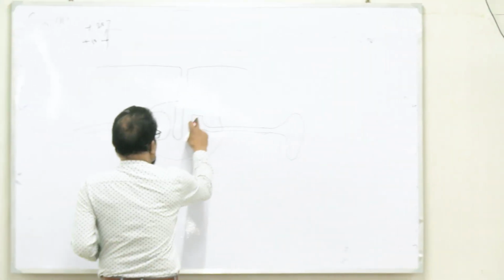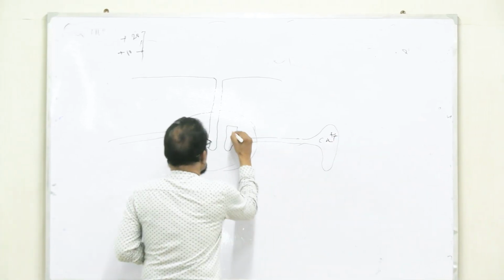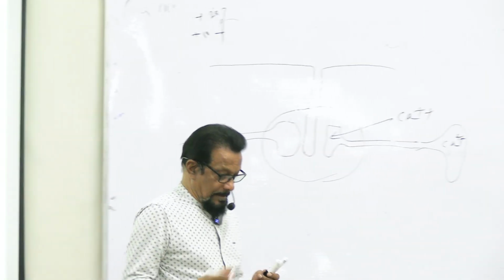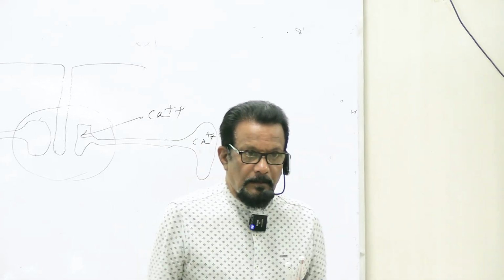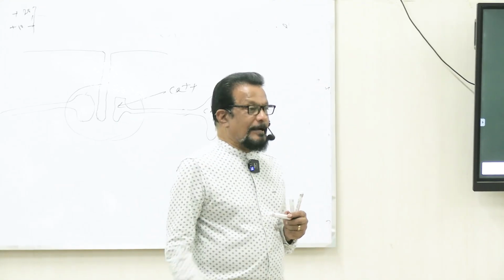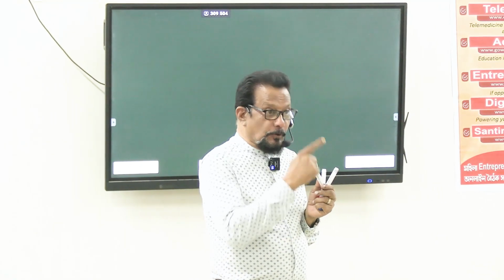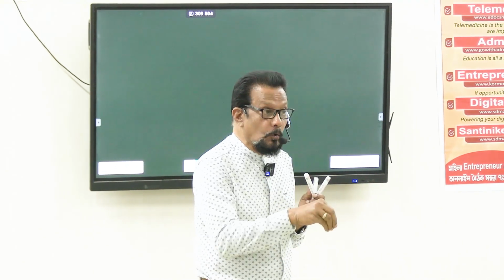In this sarcoplasmic reticulum, you will find a lot of calcium ion. The content of the sarcoplasmic reticulum is not directly exposed to the sarcoplasm, because we know that in the sarcoplasm the calcium concentration is very low.